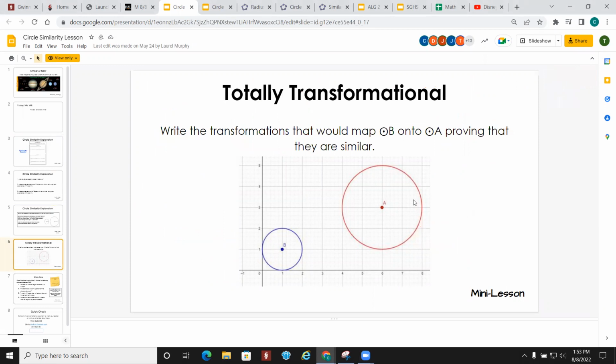Before we do that, we're going to write the transformation that would map B onto A, proving that they are similar. So how do we move circle B onto circle A? Go ahead, Jordan.